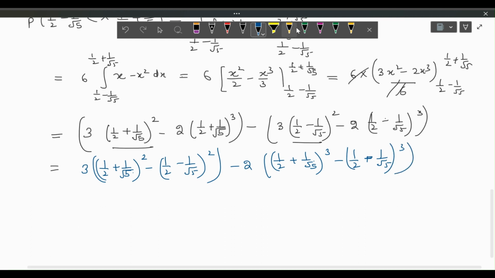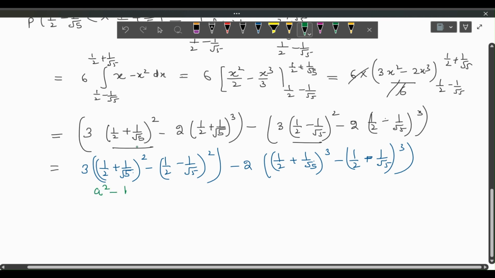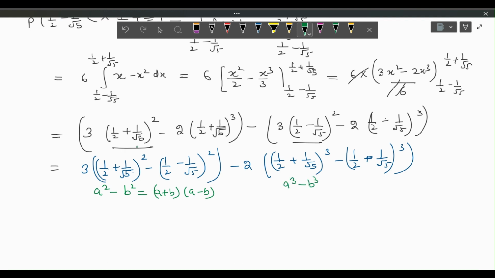Now using the identity a square minus b square, it will be (a plus b) into (a minus b), and using the identity a cube minus b cube, which is (a minus b)(a square plus ab plus b square).